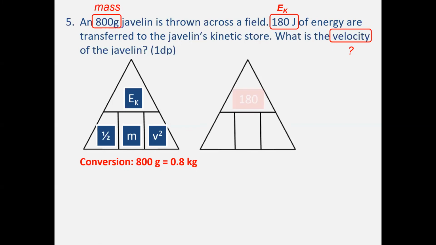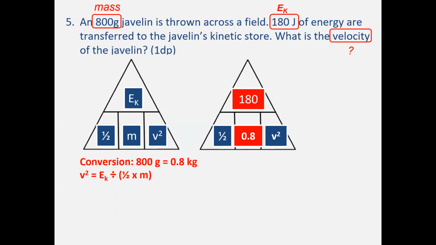So you substitute that data into your formula triangle. So you've got 180 joules of kinetic energy. You've got 0.8 kilograms as your mass of the javelin, and you are trying to work out the velocity that the javelin is moving at.